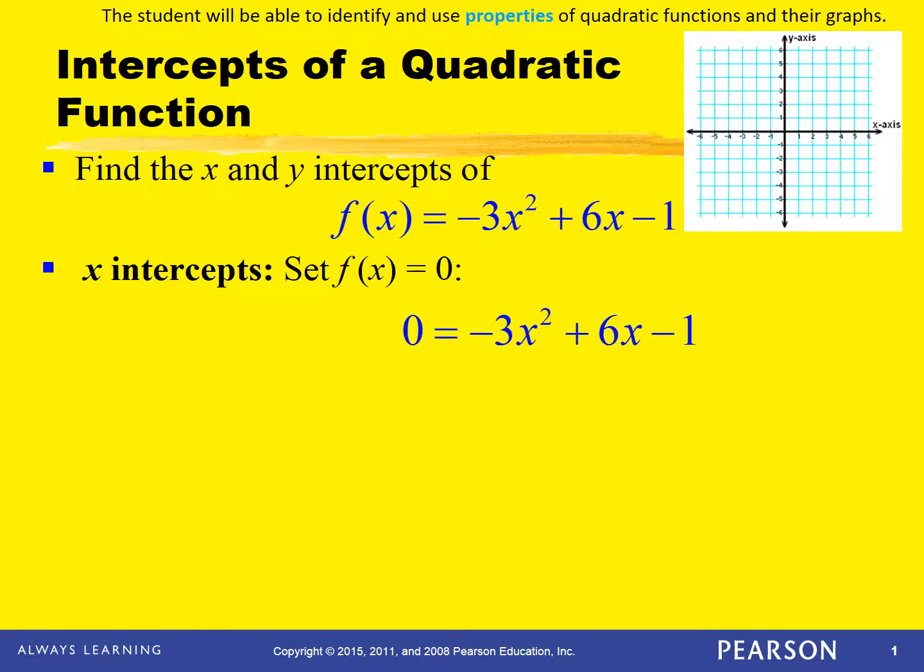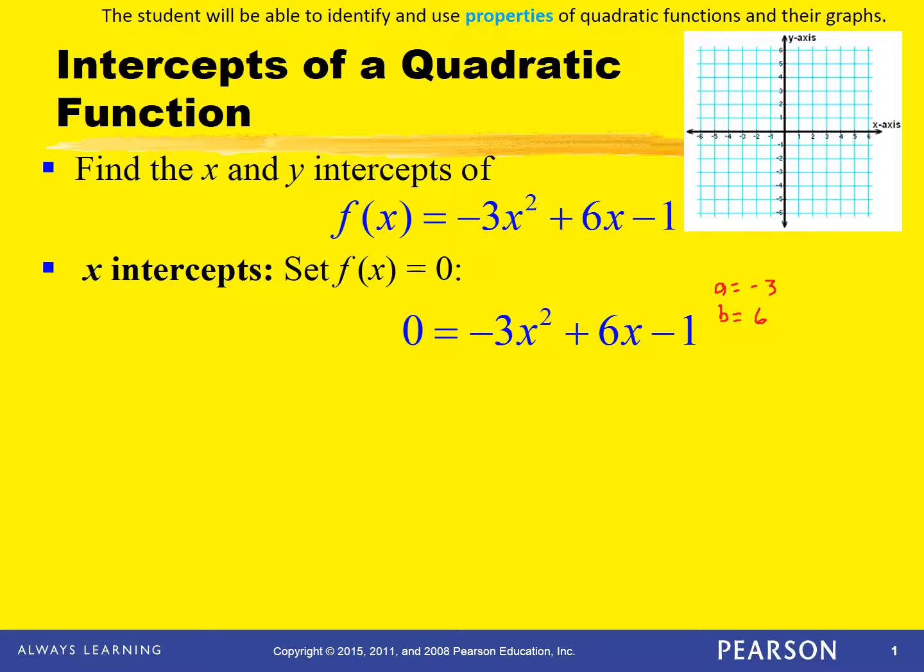So it's no different for quadratic functions. To find the x-intercepts, we have to set y equal to 0 and solve for x. Then f of x equals 0, so 0 equals negative 3x squared plus 6x minus 1.